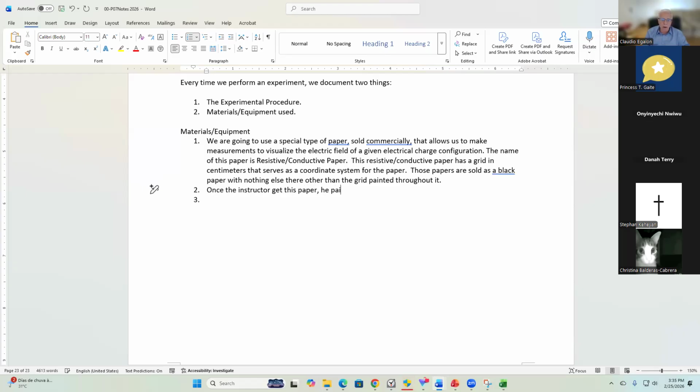The instructor paints an electrode configuration, and by electrode configuration I mean a configuration that simulates different electric charge distributions.